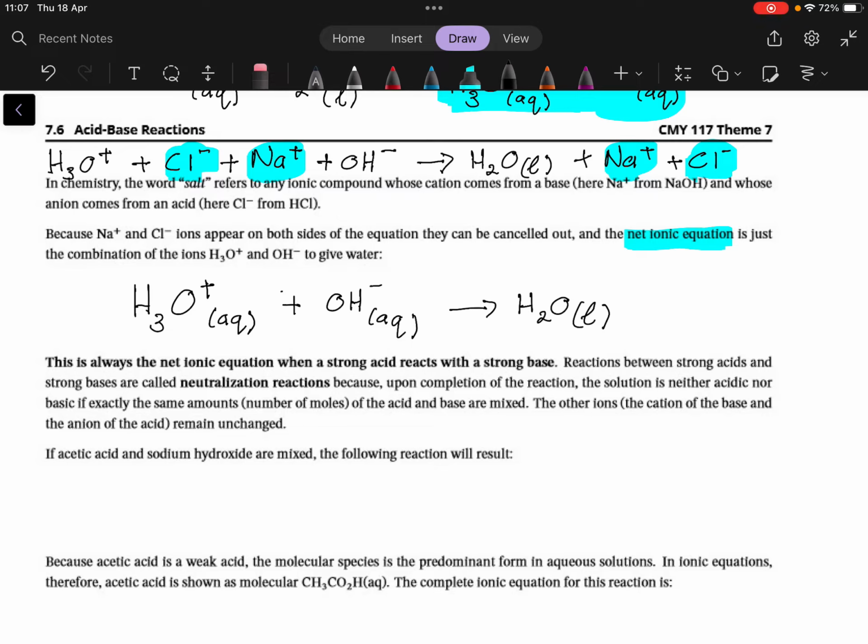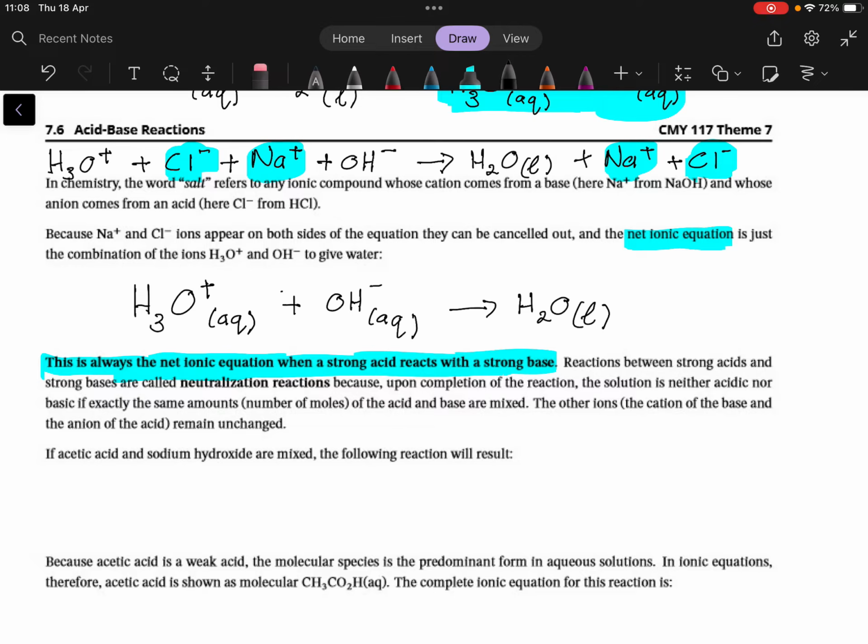Meaning that if we have a strong acid, and specifically with a strong base, this will always be our equation. The only thing that is really of matter is the fact that the hydronium cations will combine with the hydroxide anions to form water. So this, as I say, is always the case for a strong acid reacting with a strong base. When you know you're combining the two, you will know that immediately is the net ionic equation.